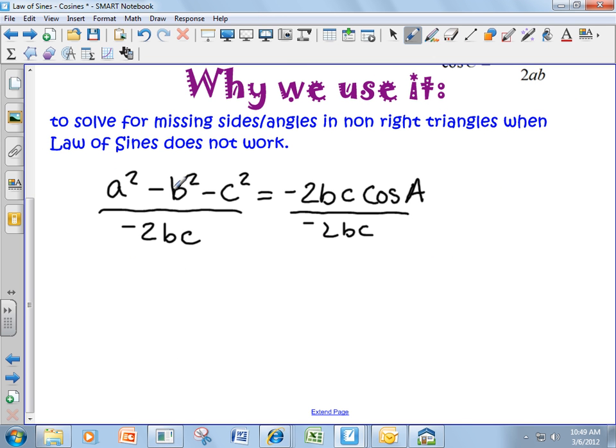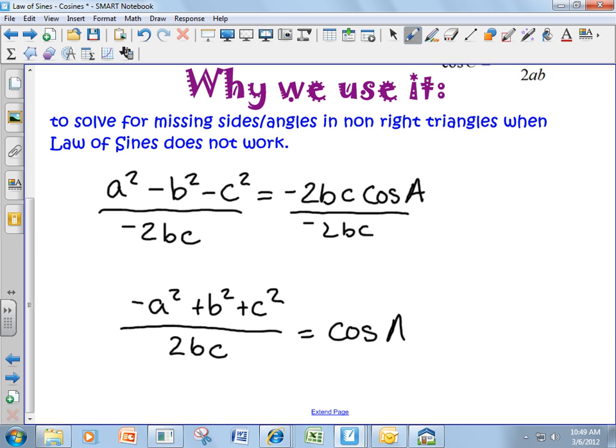Now when that happens, all these signs are going to change because of this negative. So I really have a negative a squared plus b squared plus c squared all over a positive 2bc. So I basically switched out my signs here. And then that is equal to the cosine of A.